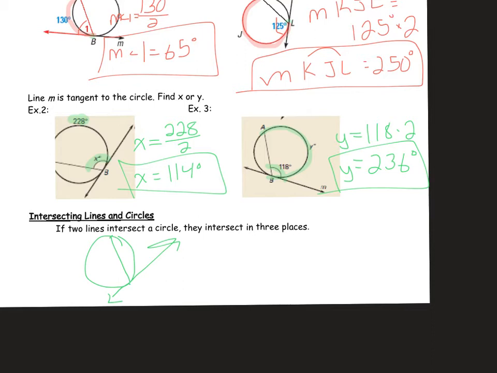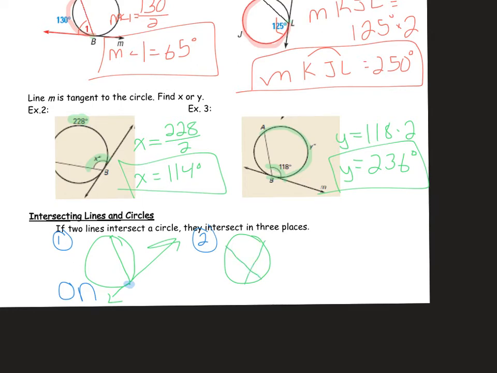It could be intersecting right on the circle, just like the ones that we have just talked about. That's option number 1.